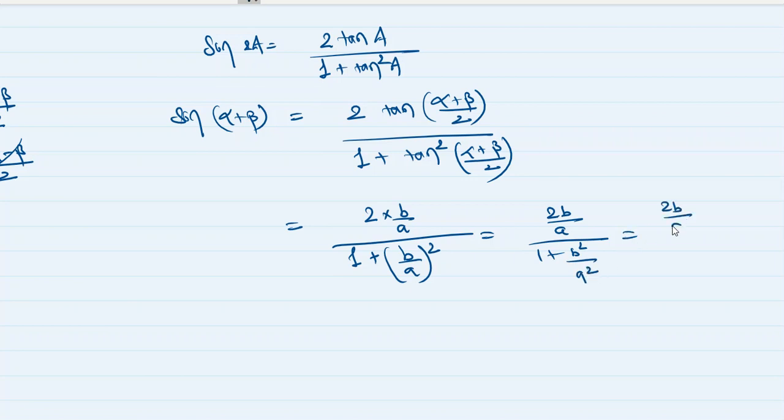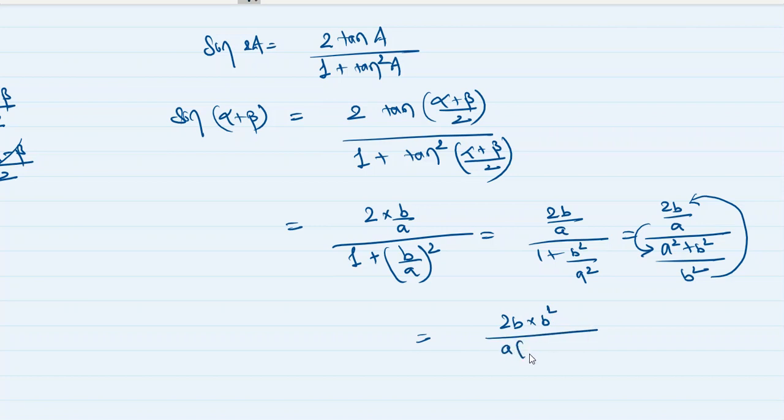That is 2B by A the whole upon (A square plus B square) by A square.